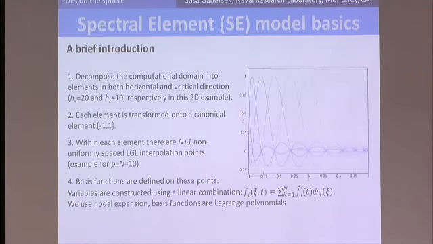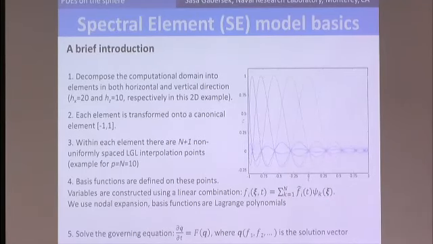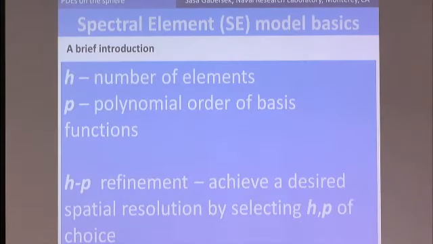And then we define basis functions on these points. They are Lagrange polynomials, and then we construct our variables by linear combination, just like this: expansion coefficient and basis function. And then we solve the governing equation. What you need to remember for the rest of the talk is H is the number of elements, P is polynomial order, and then HP refinement, as was pointed out in a few talks already.